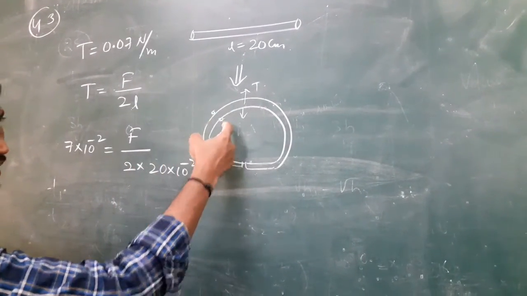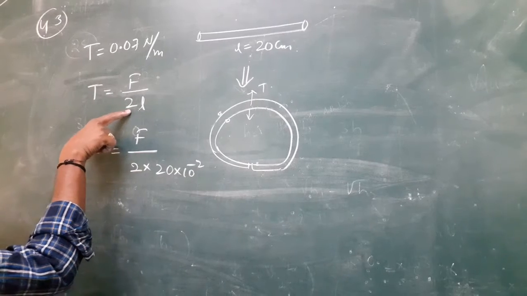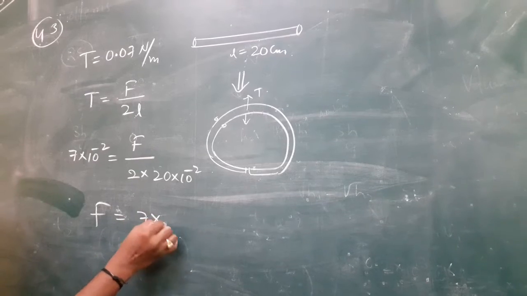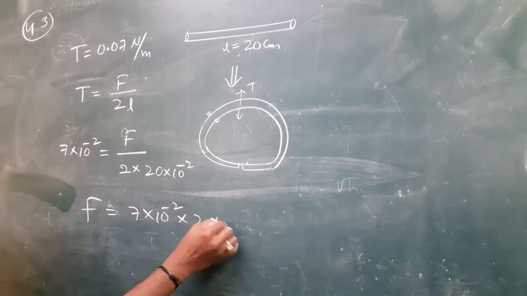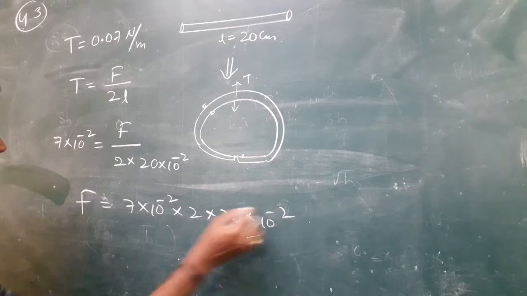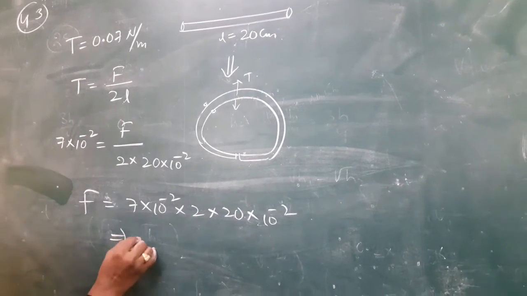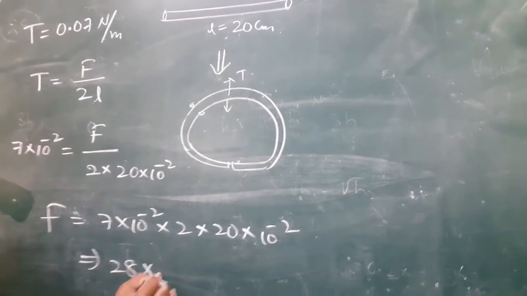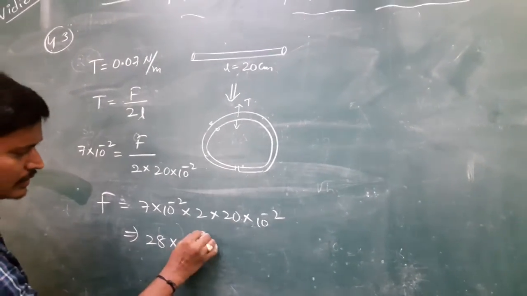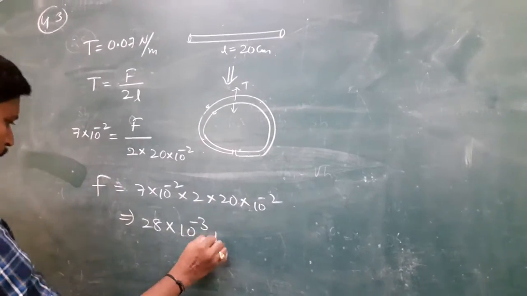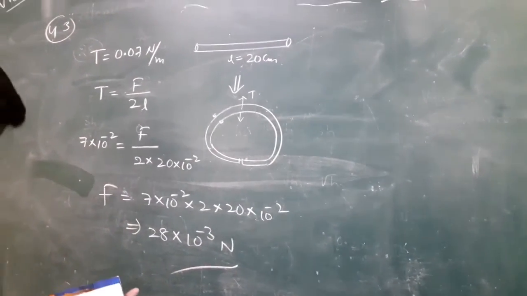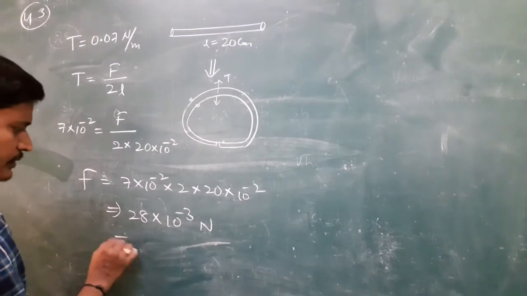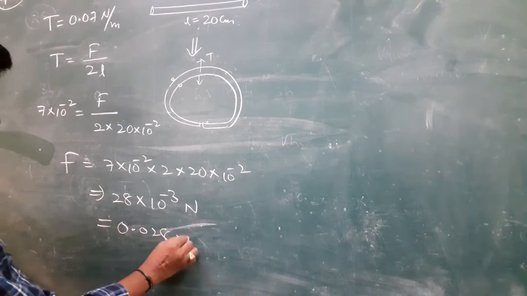Since both inner length and outer length are in contact, we take 2. So F is 2 into 7 into 10 power of minus 2 into 20 into 10 power of minus 2, which is 28 into 10 power of minus 3 newtons, or 0.028 newtons.